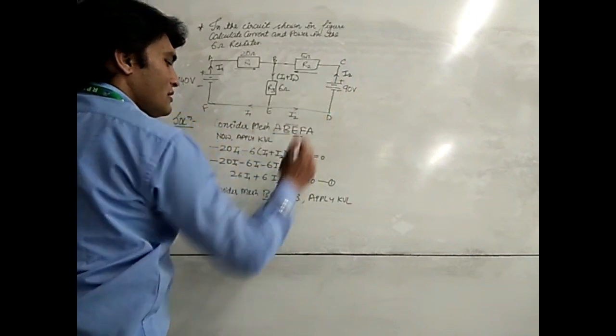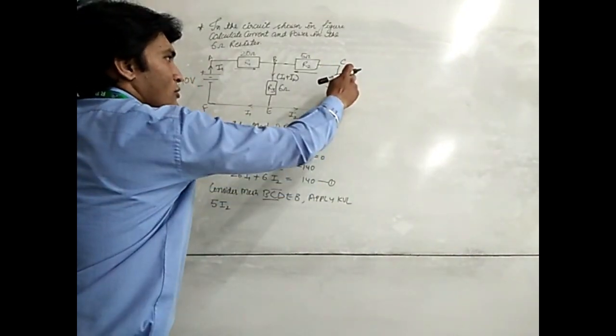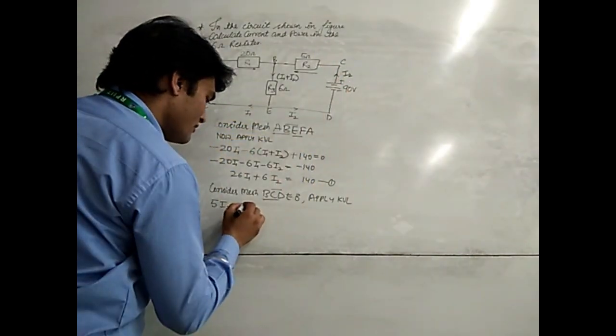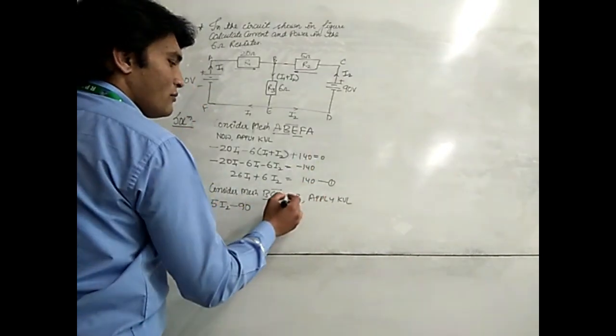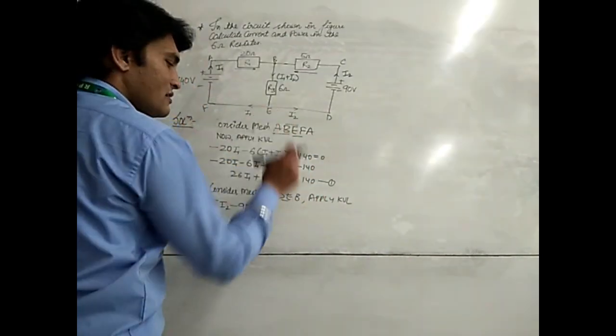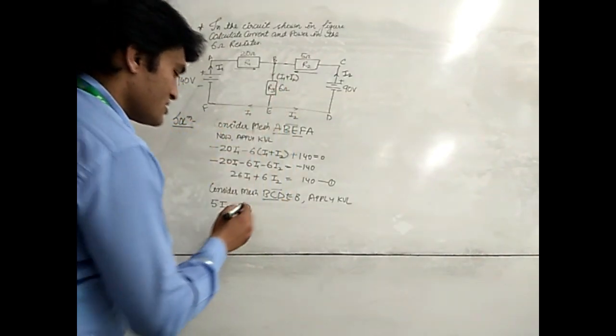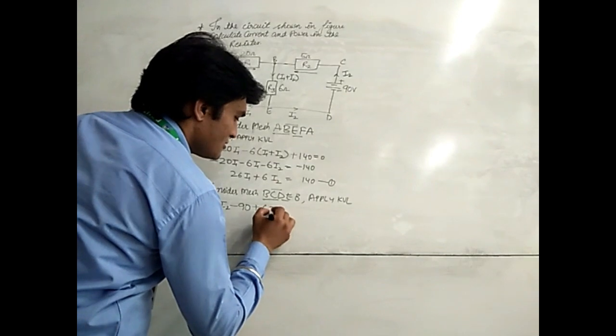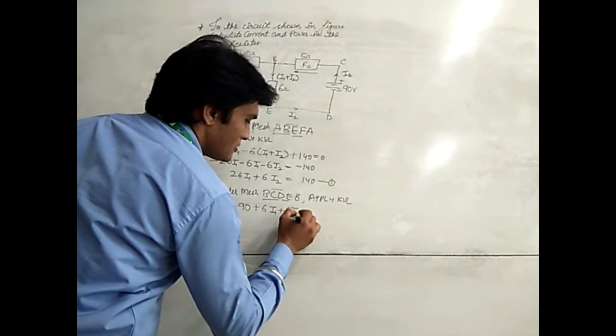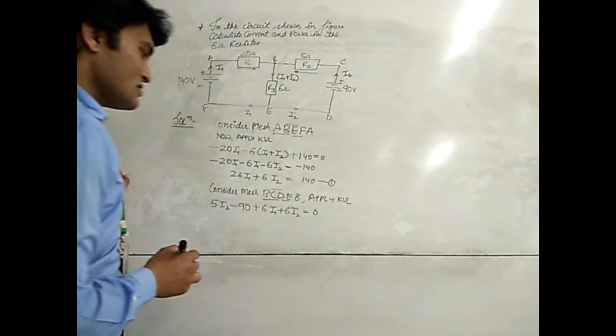Now from C to D, the potential goes from higher to lower, so the sign will be negative, minus 90. Now from D to E there is no element. From E to B, the direction of current is opposite, so the sign will be positive: 6 I1 plus 6 I2 is equal to 0.